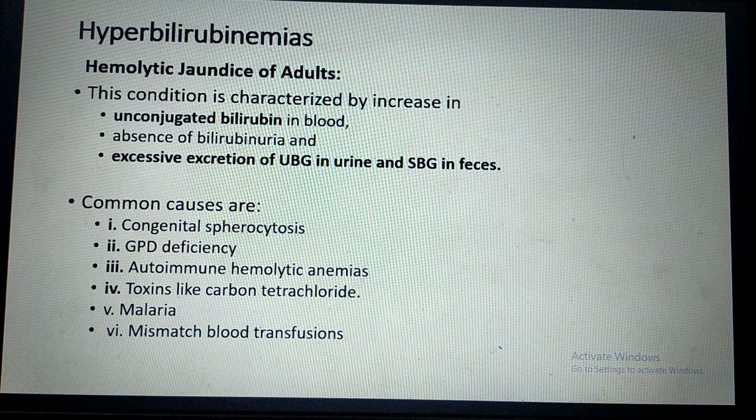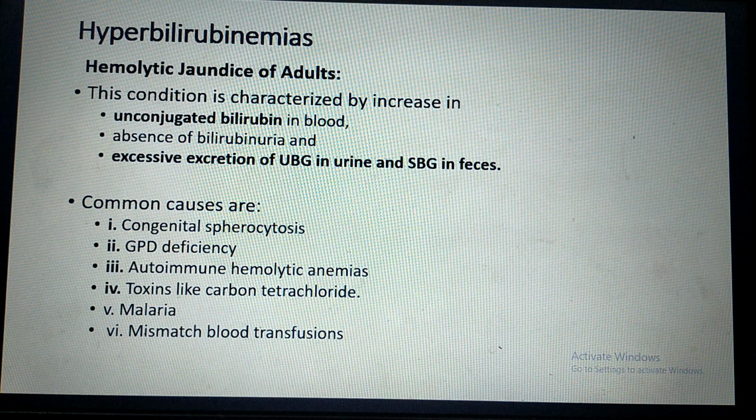Now this enzyme is essential for the formation of NADPH, and this NADPH is essential to maintain the RBC membrane integrity. When this enzyme is absent, NADPH level in the body decreases, and hence RBC membranes are not maintained. They get easily damaged, leading to hemolysis.